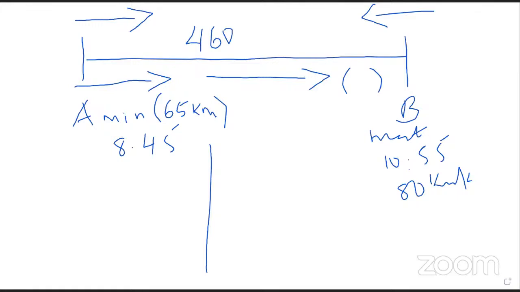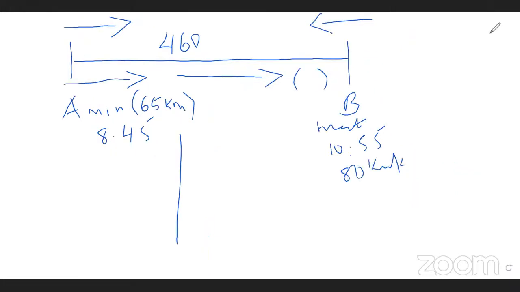Yes. Now, in our scenario here, the vehicles are covering the relative distance together. So this distance will be covered in a very short time, because we will be adding the two speeds.